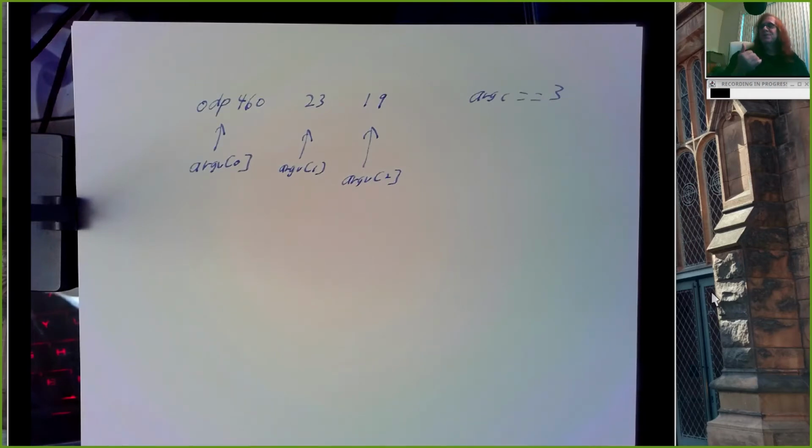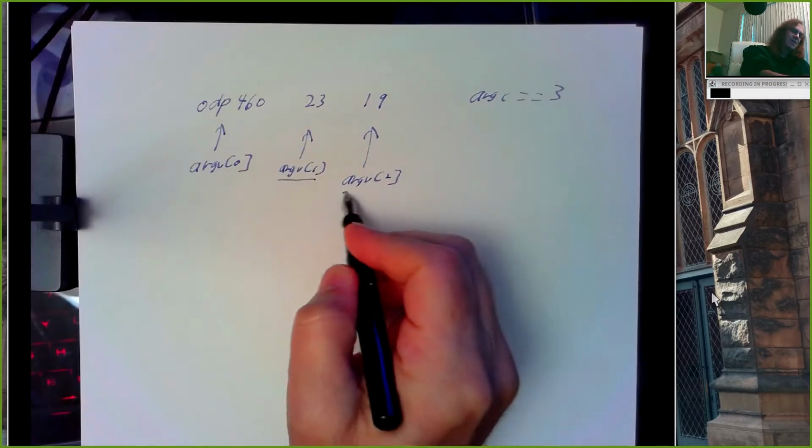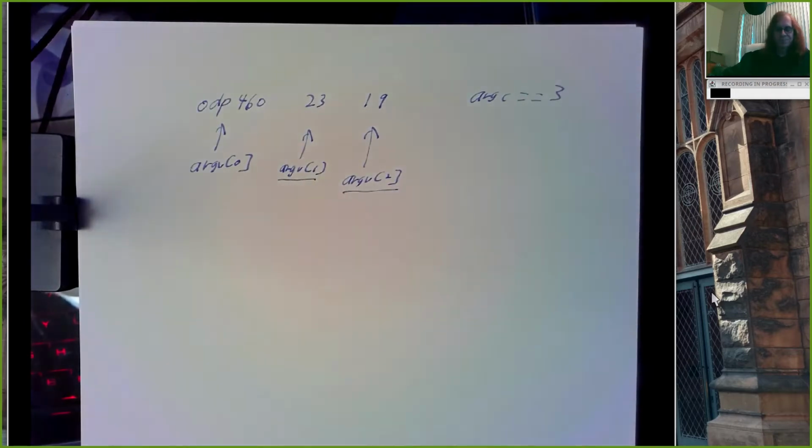Alright, assuming argc is 3 and you decide to continue, the next thing you have to do is decide, are each of these things exactly an integer? And this is what we use scanf for.